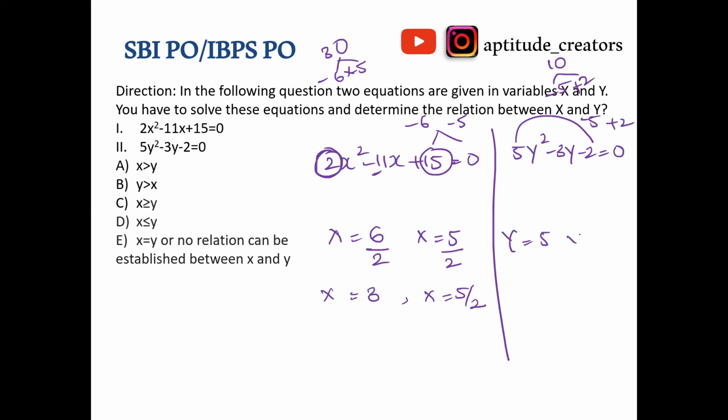It is plus 5 and minus 2. Now here I have to divide. Here the variable coefficient is 5. Now you have to divide with 5. Now y is equal to 1 and here y is equal to minus 2 by 5.